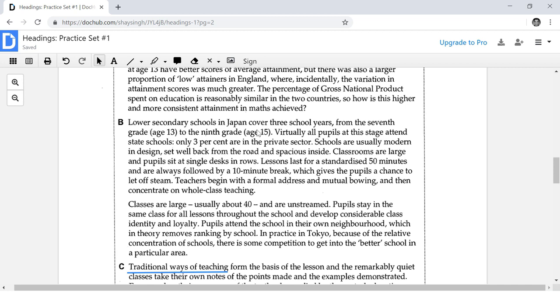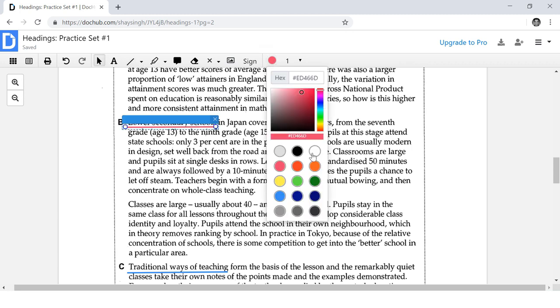Let's read this first sentence here. Lower secondary schools in Japan cover 3 school years from the 7th grade, age 13, to the 9th grade, age 15. Okay, so it's talking about the lower secondary schools in Japan.